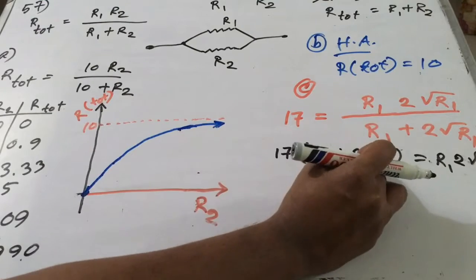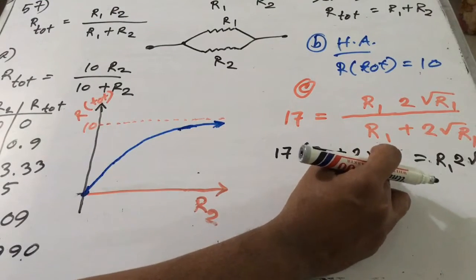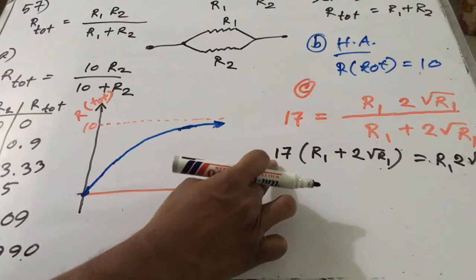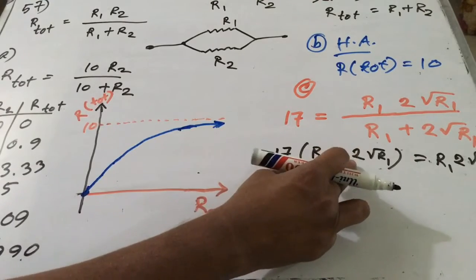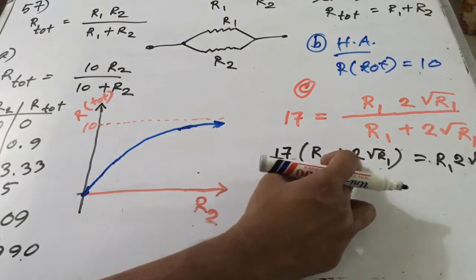Now we have to multiply 17 into this, and 17 into this equals 34 root R1.